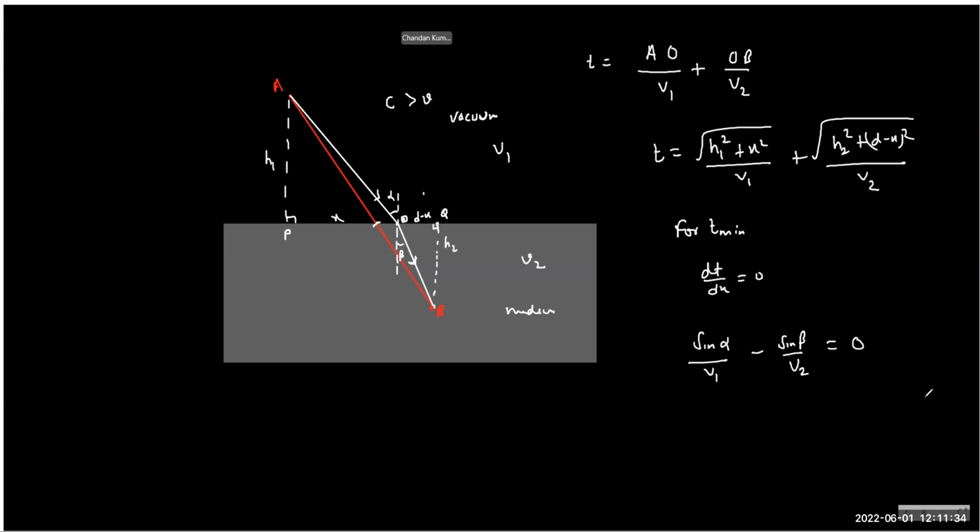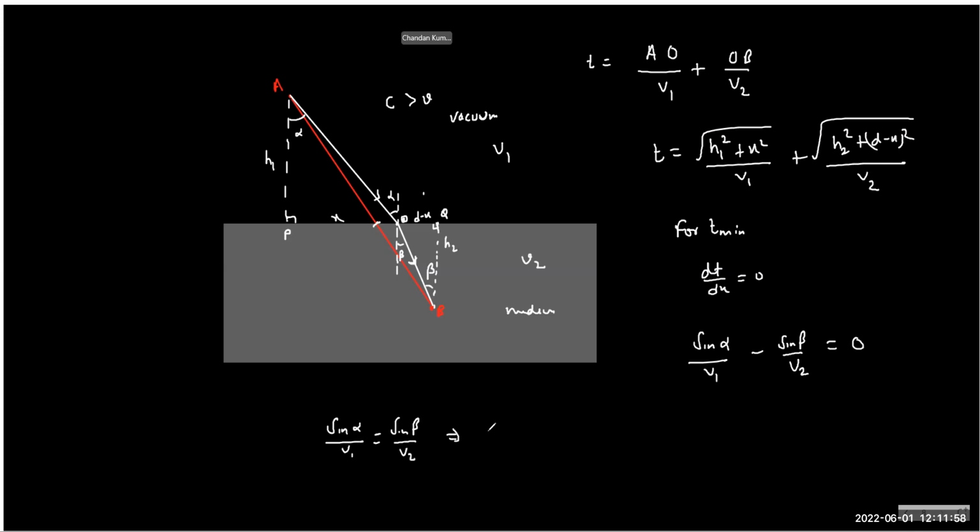Yes, sir. Or you can differentiate more rigorously and you can get the answer. So you can see alpha is here, this is also alpha, that's why we got this answer. This is beta. And therefore sine alpha upon V1 is sine beta upon V2.